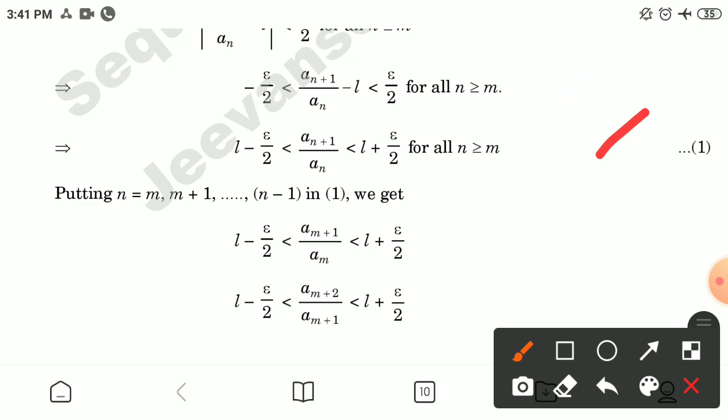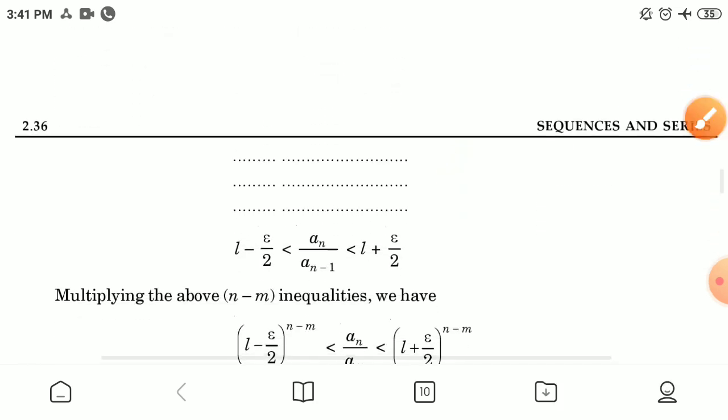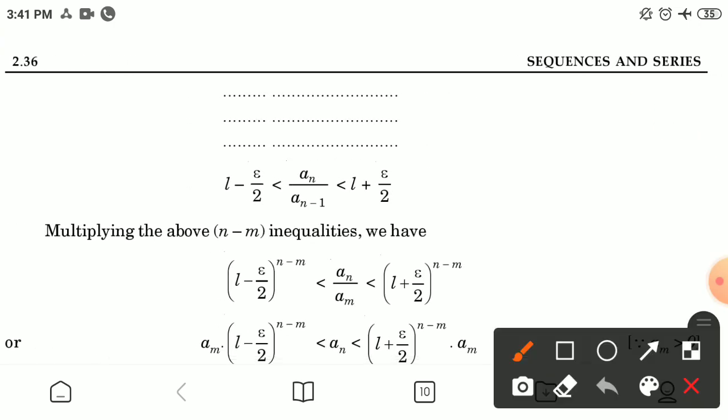Putting n equal to m+1 up to n-1 in number 1, we get these inequalities, and these are n-m inequalities.